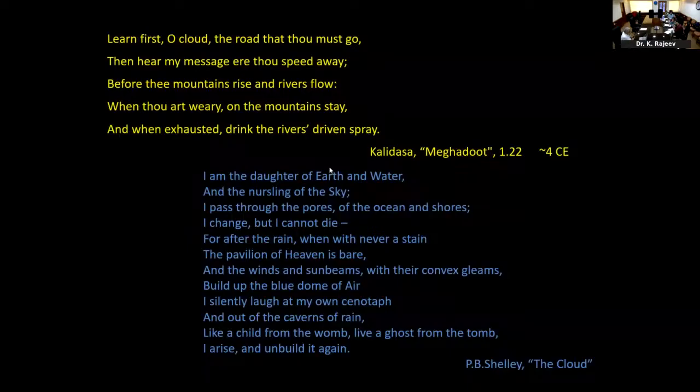He describes these clouds as coming from the south, taking a turn, going through the Vindhyas, taking a further turn, and then going to northern India. The line is: learn first, O cloud, the road thou must go; then hear my message, hear thou speedily. Here means before. Before the mountains rise and rivers flow, he is telling the location where it is.